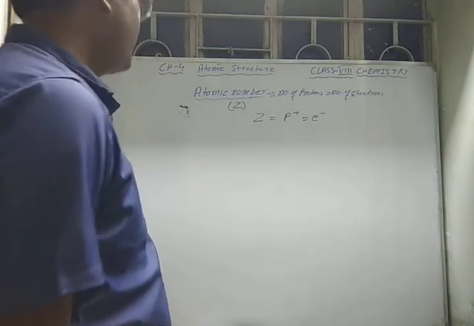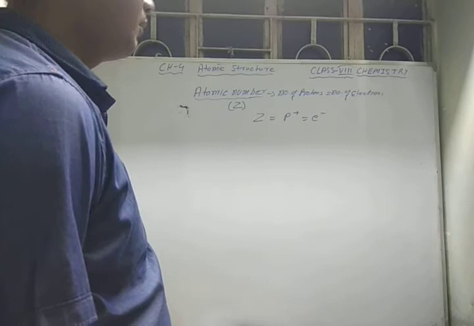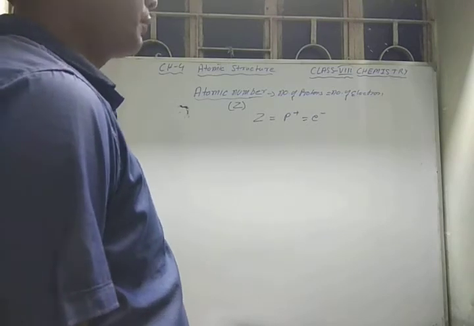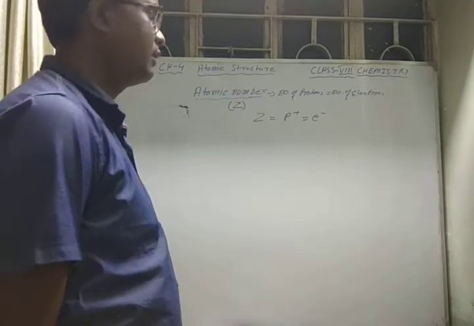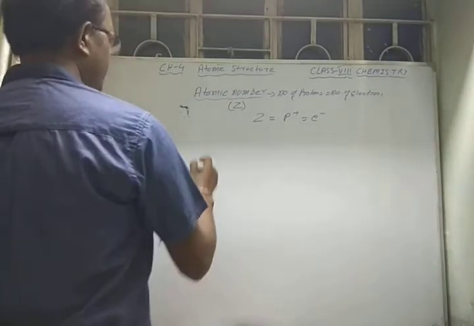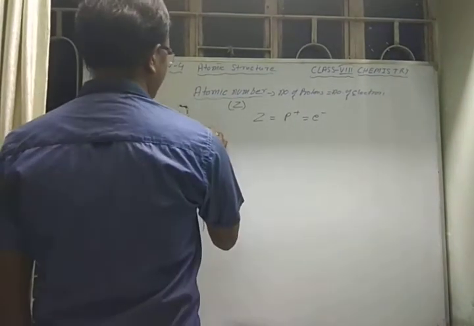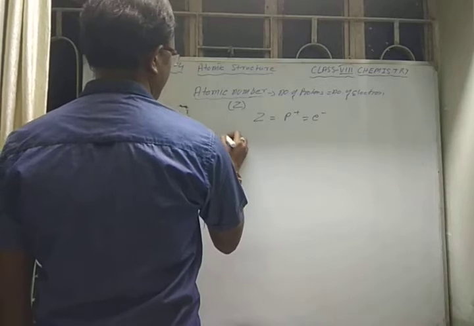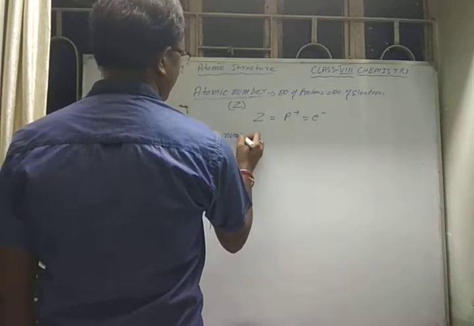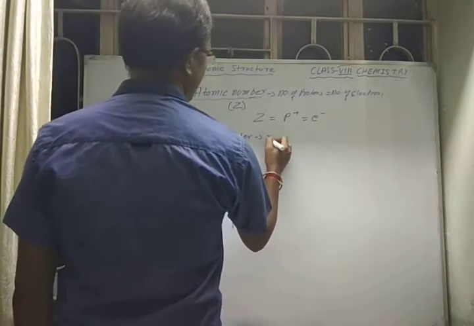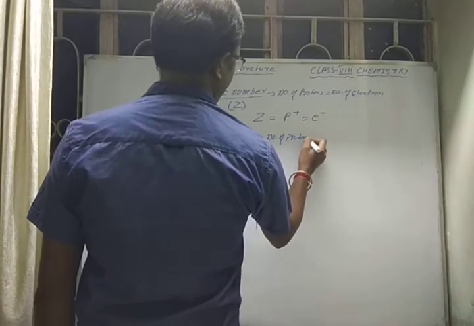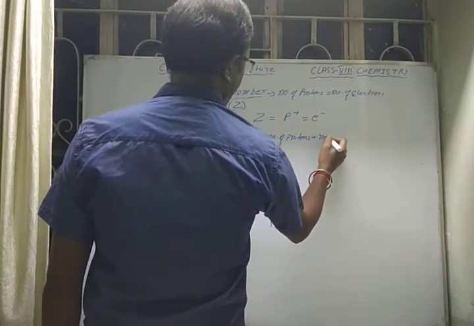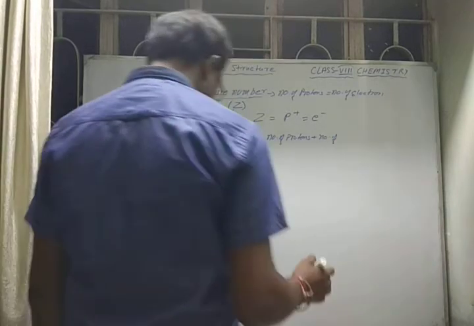If an element has atomic number 1, that means the number of protons is 1 and the number of electrons is also 1. Next is the mass number. Mass number means number of protons plus number of neutrons.